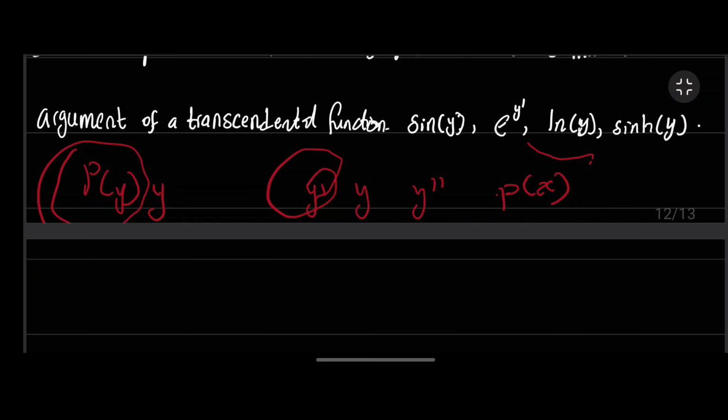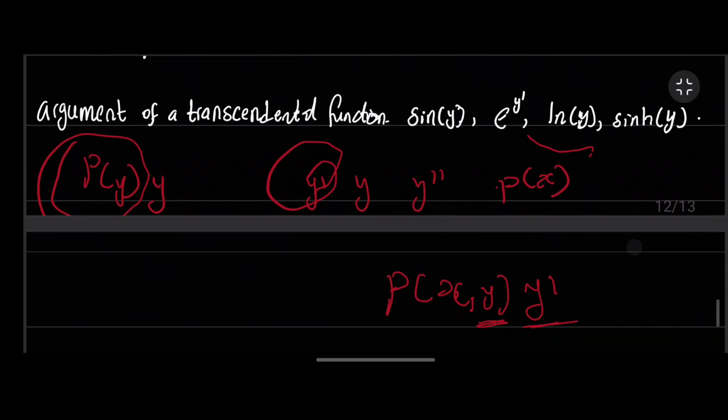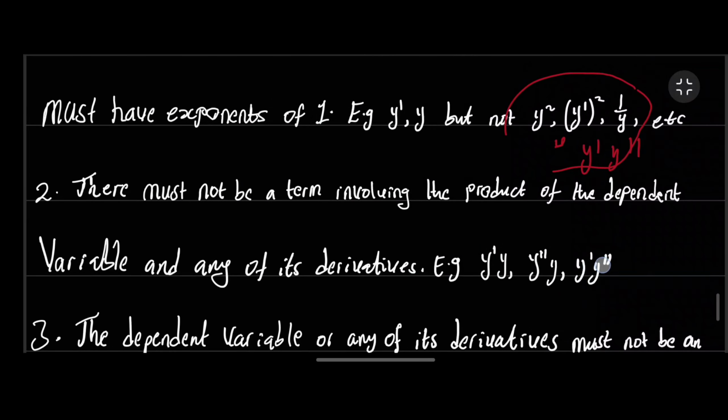And the other implication is that if you have a product of p of x, y, and a function, the function itself or its derivatives, it also violates the rule, because in the end you would have a product of the dependent variable and its derivative, or the dependent variable and itself.